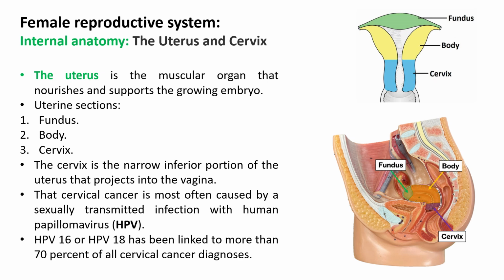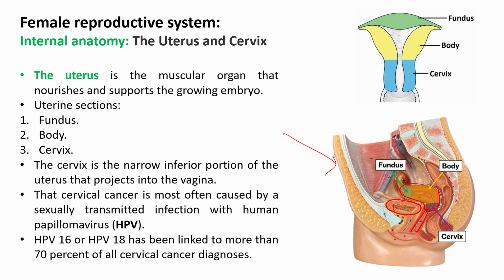So this is a lateral view. It's a mid-sagittal cross-section of the female pelvis, so everything we see here is half of what you can see. Notice the uterus is this organ. Below here we have the vagina. What is important to recognize is that the uterus is on top of the urinary bladder.